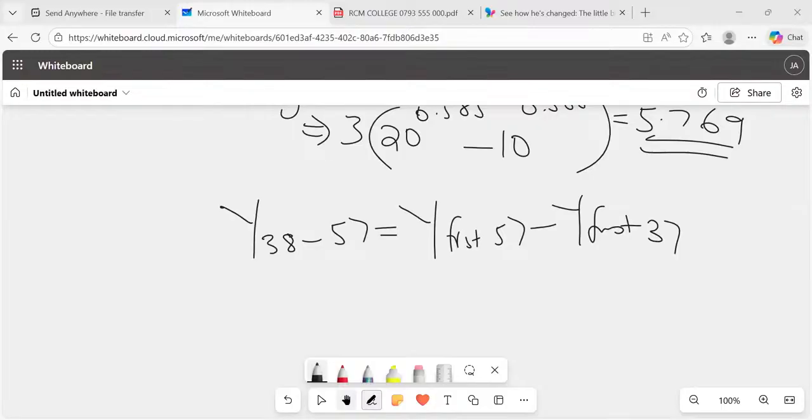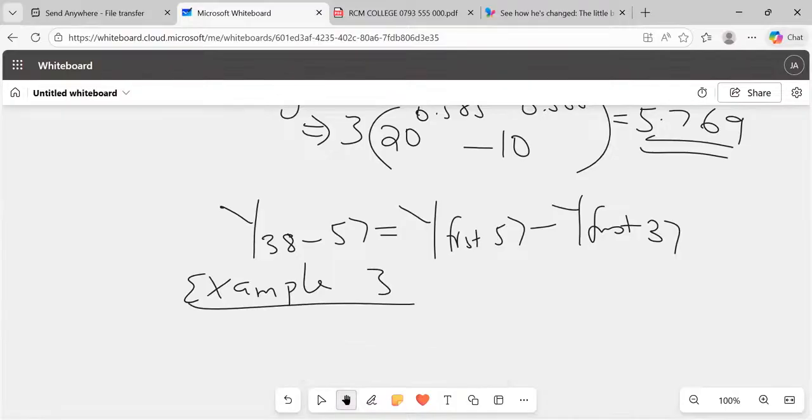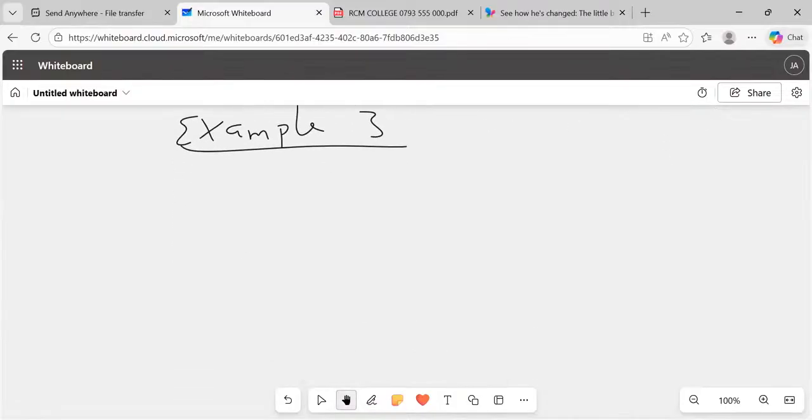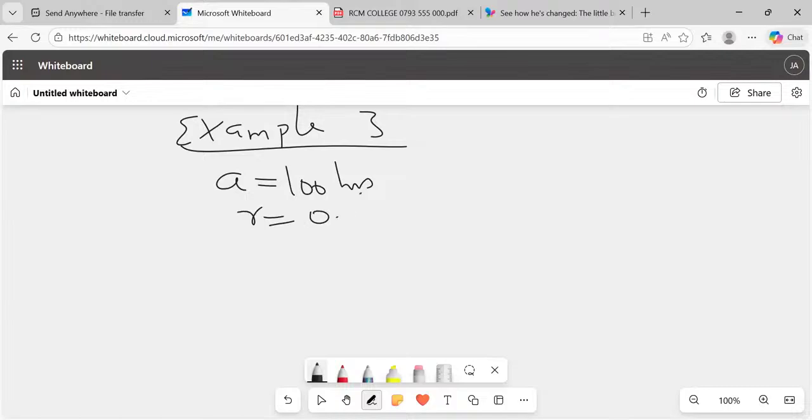Let's go to example 3. This third example is tough. A is 100 hours. R is 0.6 or 60%.